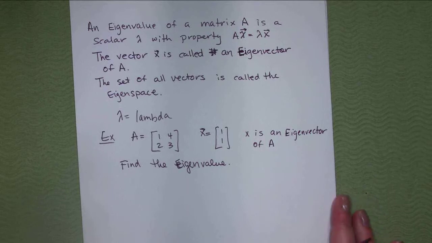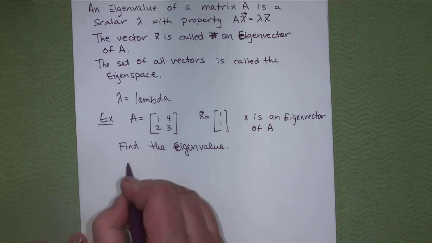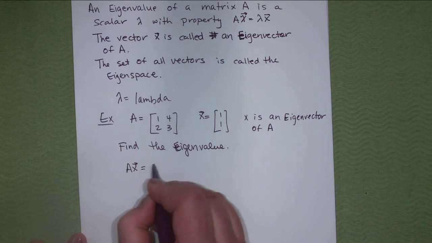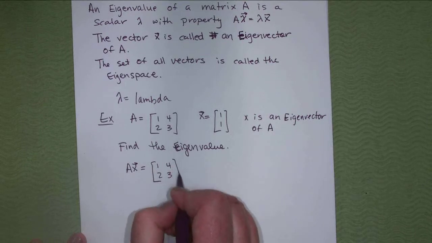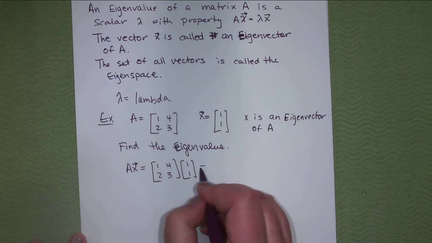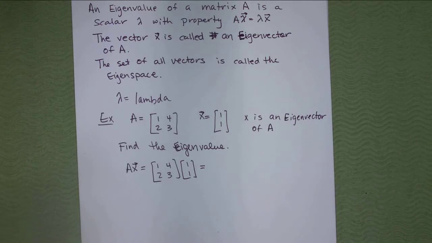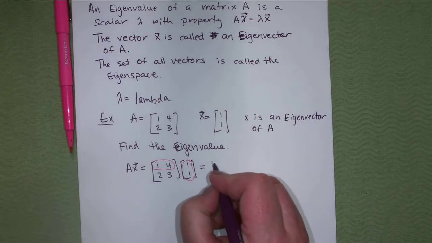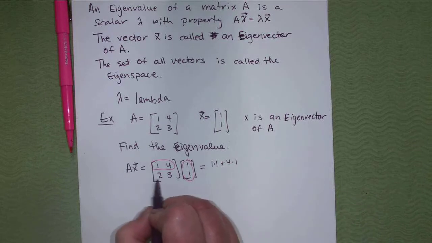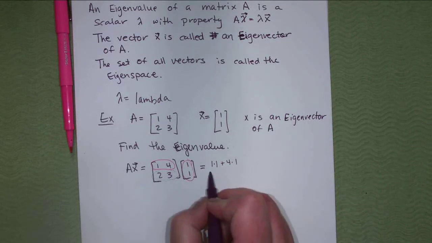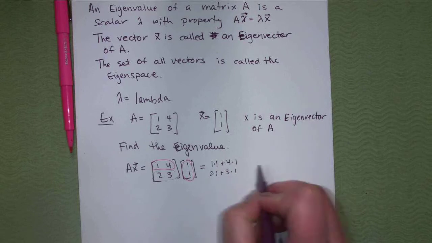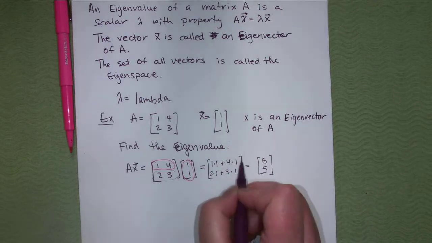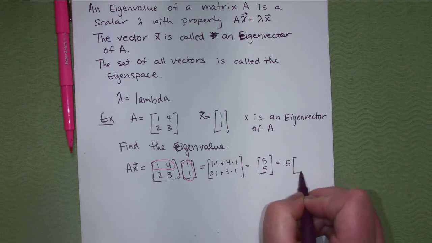If we multiply A times x, we get 1, 4 times 1, 1. So 1 times 1 plus 4 times 1, and then 2, 3: 2 times 1 plus 3 times 1. So this is 5 times 1, 1.